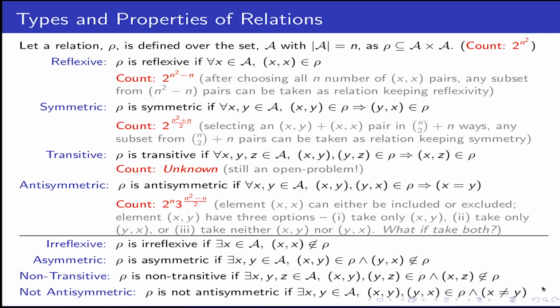So this is my not antisymmetric case. Now tell me one thing, is not antisymmetric equivalent to symmetric? Think of it as an exercise: is not antisymmetric equivalent to symmetric or not? Okay, so this is food for thought for you.